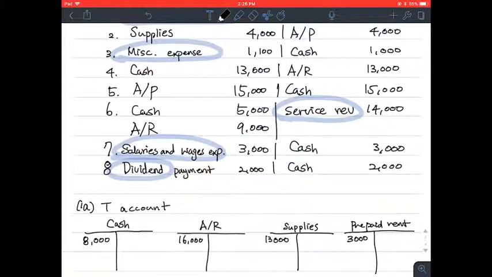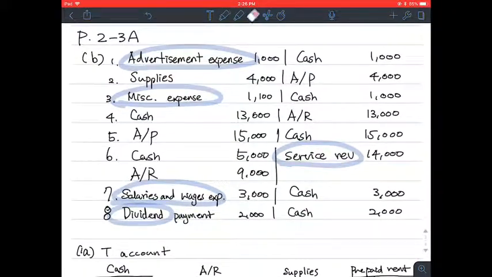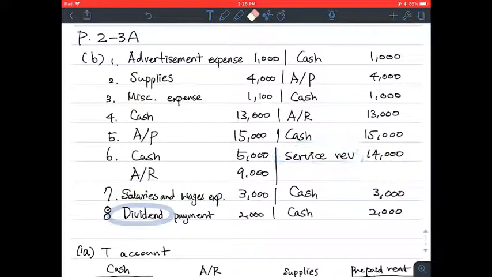Okay, so let's have a look at all the cash accounts. Okay, here, cash, the first cash, right, there are many cash entries.